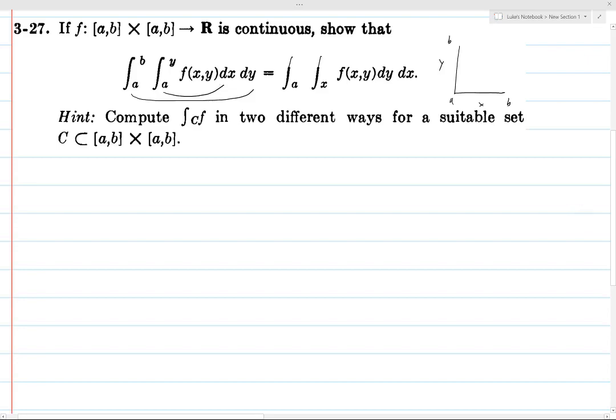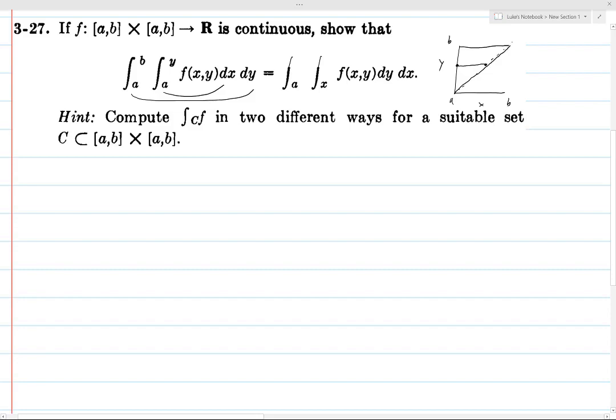So if we fix a y value, the x value starts at a and goes out to y. If we draw a dashed line here, x equals y, it would go out to here. So the region we're integrating over looks like this.